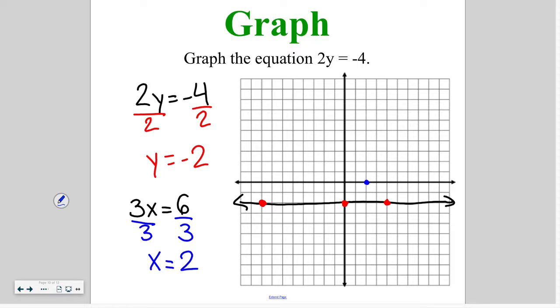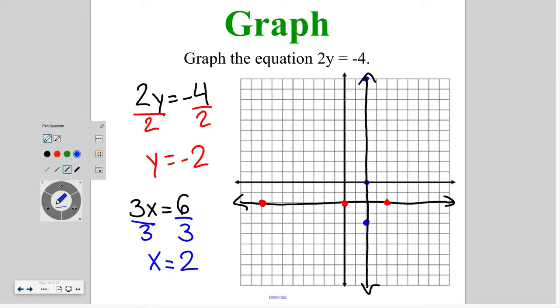Then I'm going to put on (2, 10), or (2, -4). So we're looking for all of the possible places that x could equal 2. When I draw in that line, it's going to give me a straight vertical line instead of a straight horizontal line.